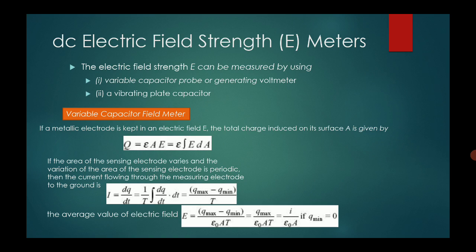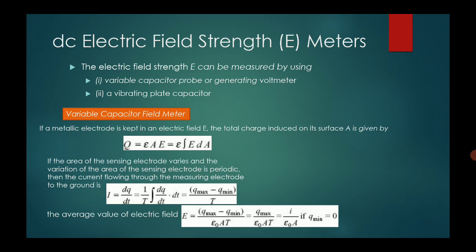If the area of the sensing electrode varies and the variation of the area of the sensing electrode is periodic, then the current flowing through the measuring electrode is given by I equal to dq/dt, that is nothing but Q max minus Q min by T. So the average electric field is nothing but Q max minus Q min by epsilon A T. It is nothing but equal to I by epsilon A if you take Q min to be 0, that means you assume the minimum charge to be zero.